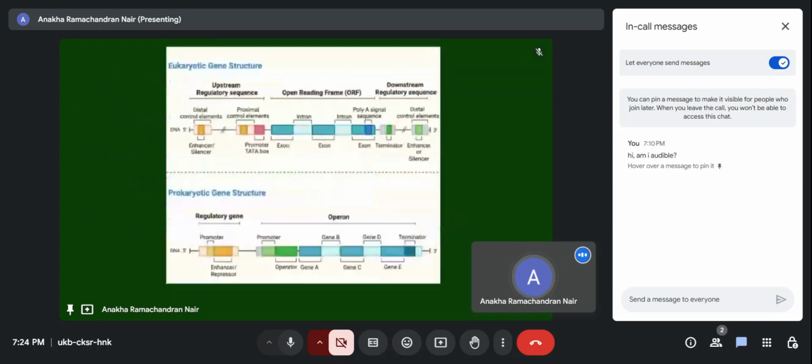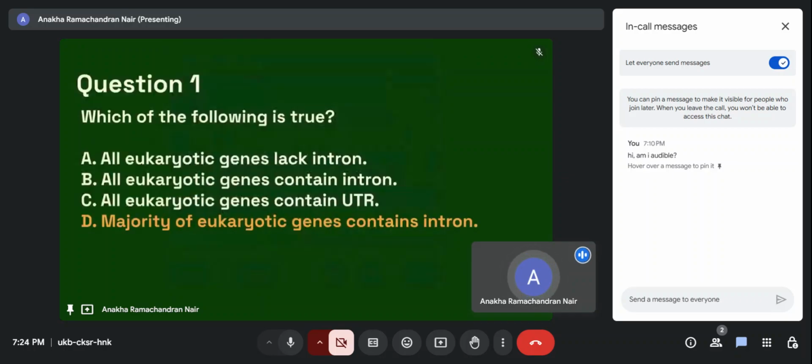Like you can see, these are introns, right? They are interrupting sequences that will be removed after processing of the RNA to form the mRNA. They don't make parts that will go into the protein. So that is what intron means in this case. And why is all eukaryotic genes contain intron not true?